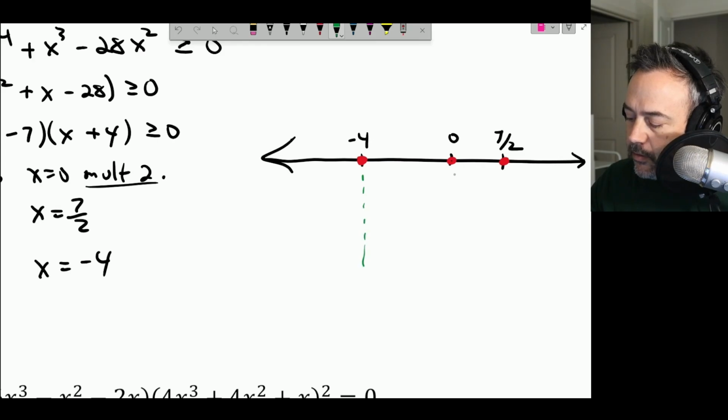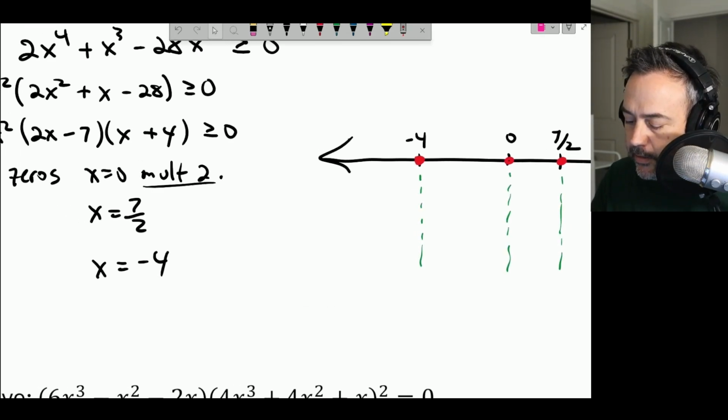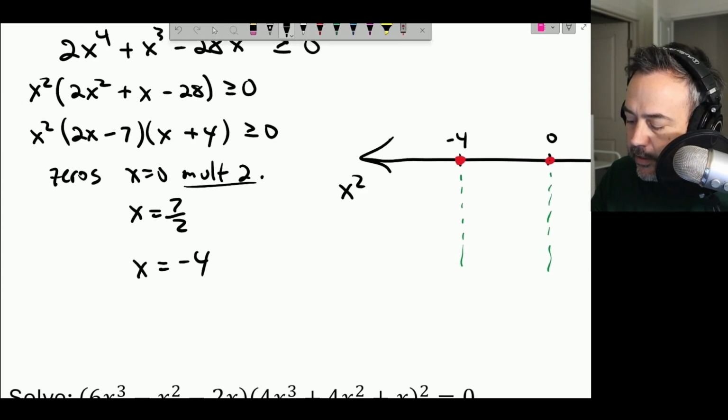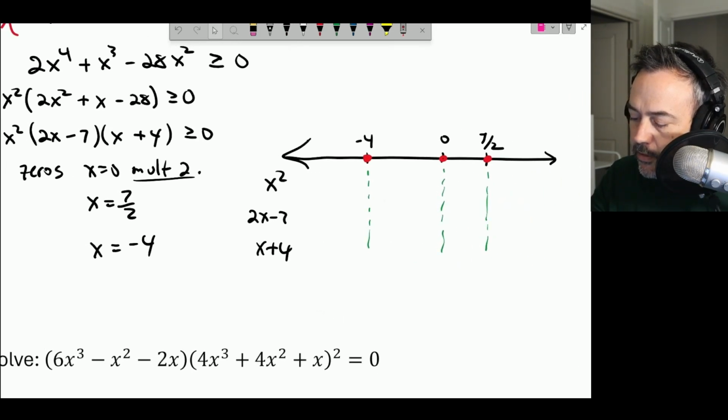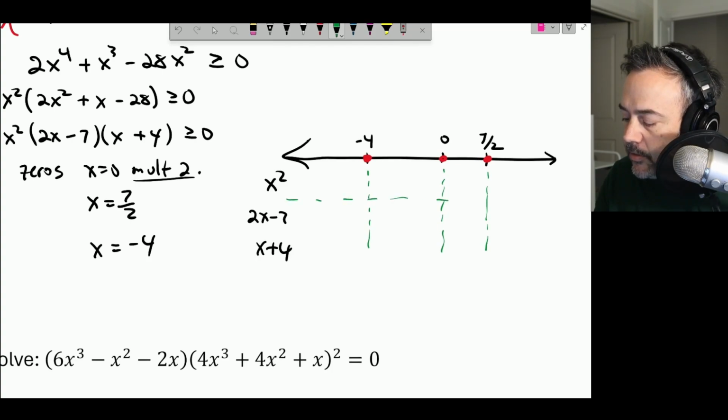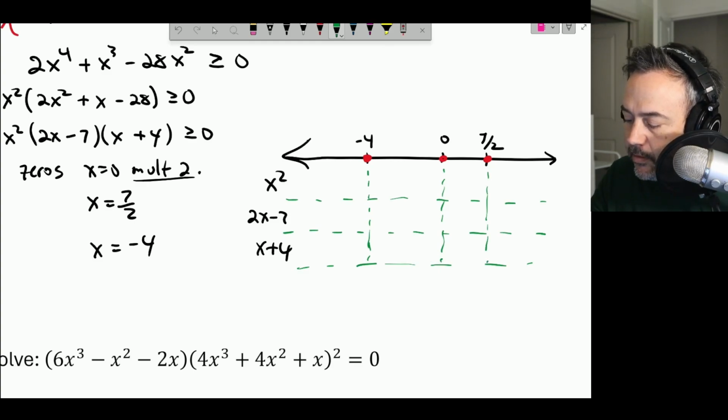Now I'll do the longer way of a sign chart, and you want to write out every factor. Okay, I've got x squared, 2x minus 7, x plus 4. If you're clever, you might notice that the x squared is not going to contribute to the answer directly, because x squared is always positive as long as I don't plug in 0.